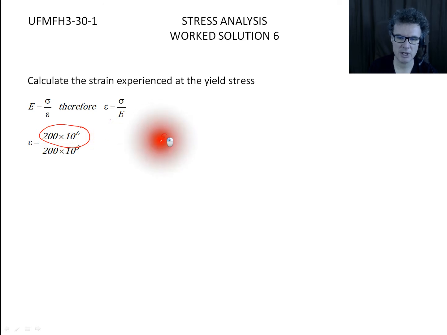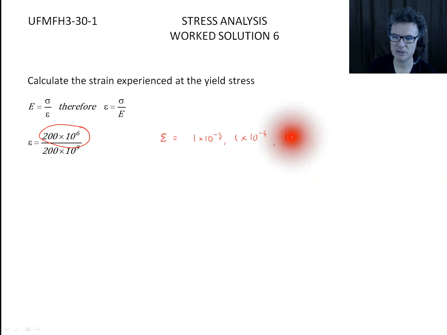And for your strain in an exam, if you're not getting 1 times 10 to the minus 3, 1 times 10 to the minus 4, or 1 times 10 to the minus 5, those are the typical kind of strain values that you're looking for. Or if you want to think about it in terms of micro strain, then sort of like 10, 100, maybe 1,000.